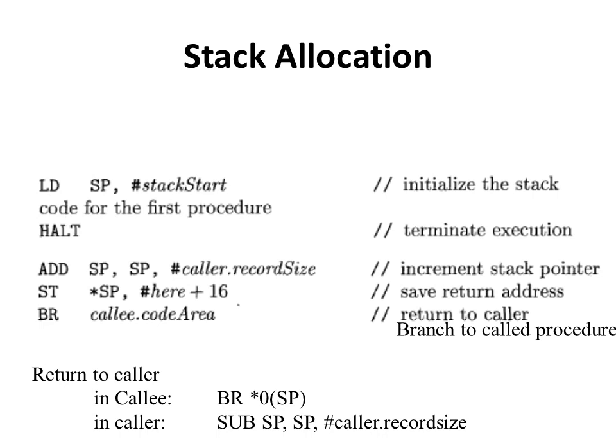ST *SP, #, here that is current address plus 16, that is for saving the return address. And the next statement is BR callee.codearea, which will branch to the called procedure. To return to the caller, in callee the instruction to be performed is BR *0(SP).